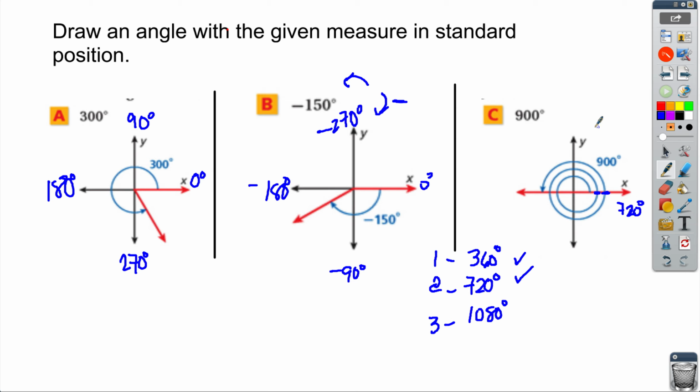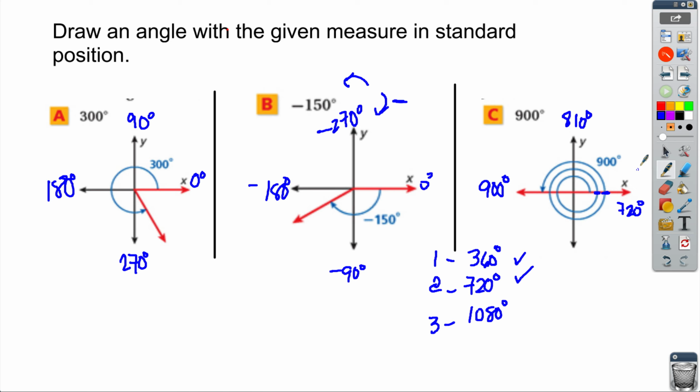This is where you need to find the other measures just to give you some more idea. So let's break this down. If this is 720 right here, and you need to add 90 more degrees, you would go 720 plus 90. This right here is actually 810 degrees. We're so close to 900 degrees. From here you need to add another 90 degrees to find the remaining section. So this is going to end up on 900 degrees.